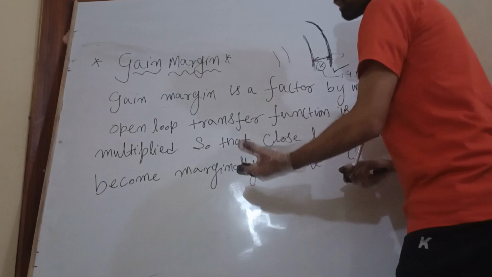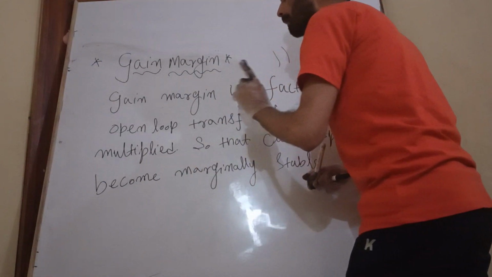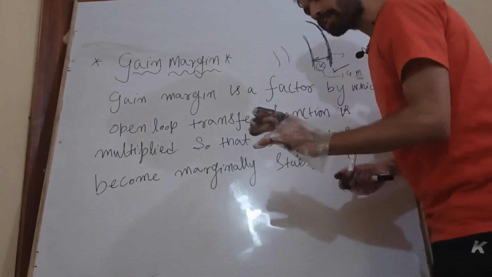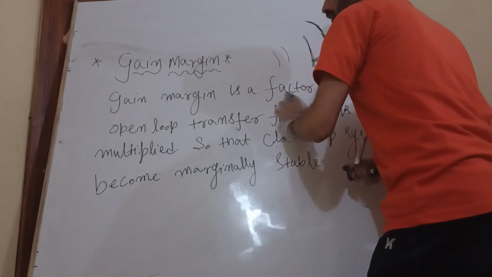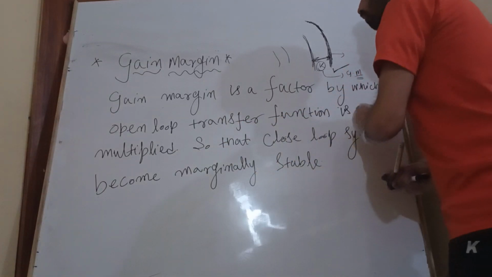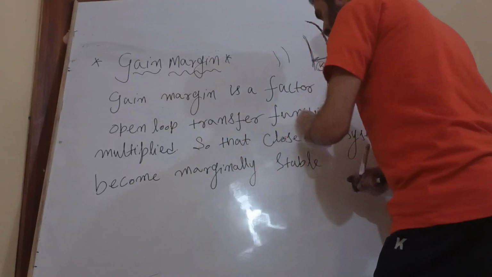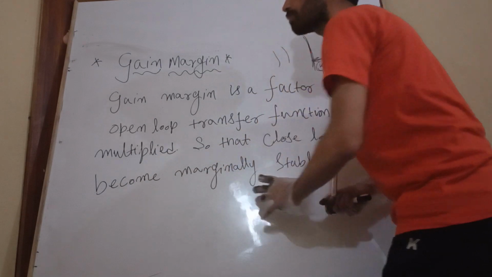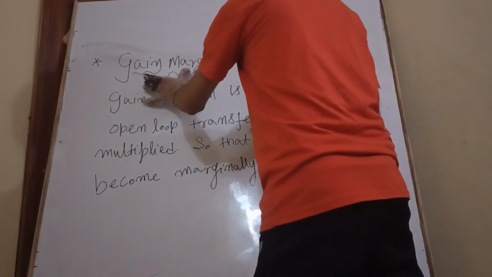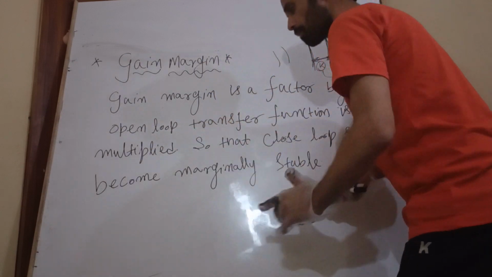For that, you just multiply one factor with the transfer function of the open loop system, the open loop transfer function, so that your closed loop system becomes marginally stable. So this is about gain margin.